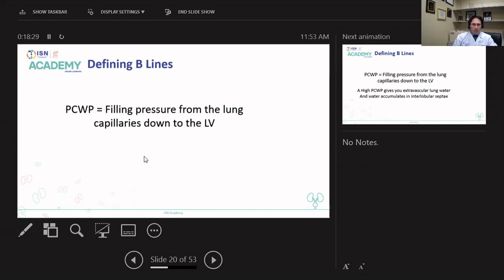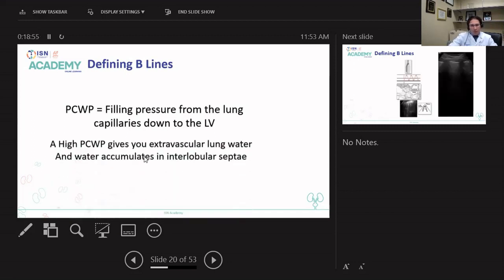So if the left ventricular end diastolic filling pressure is high, then the left atrial pressure is high, and then the pressure in the postpulmonary capillary bed is high. And because of Starling's law, the sum of the hydrostatic and oncotic pressures, water will move into the lung interstitium and fill interlobular septa. And you'll have extravascular lung water.